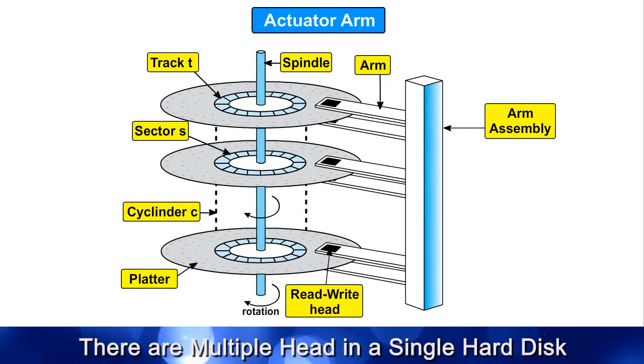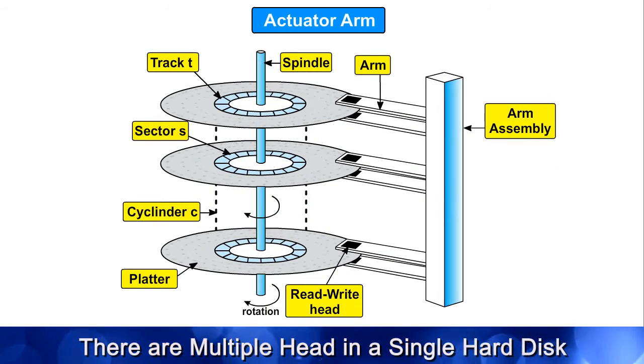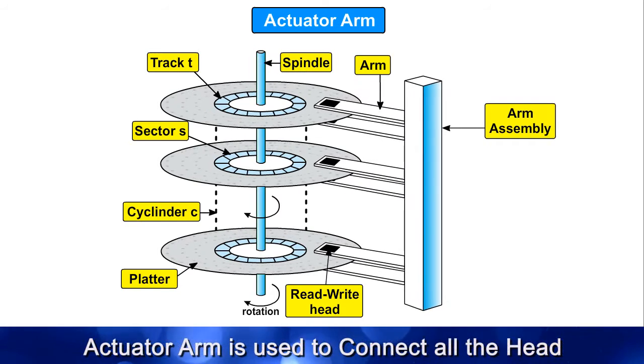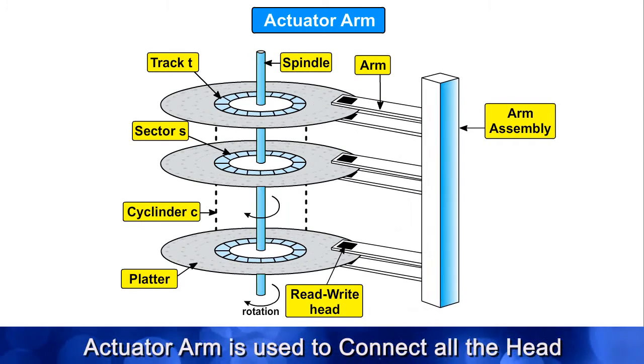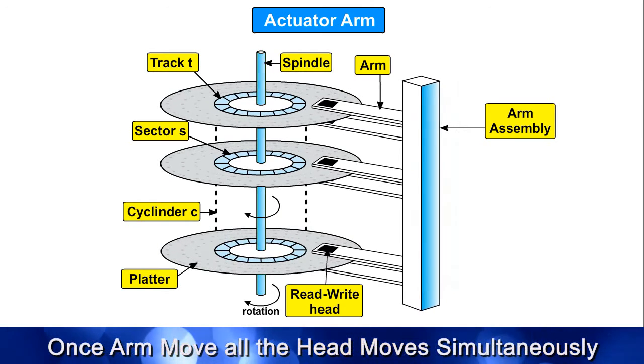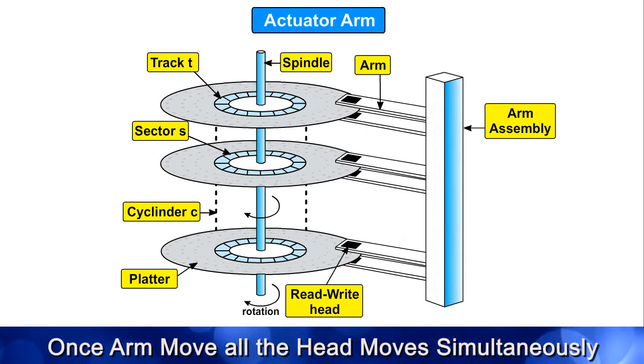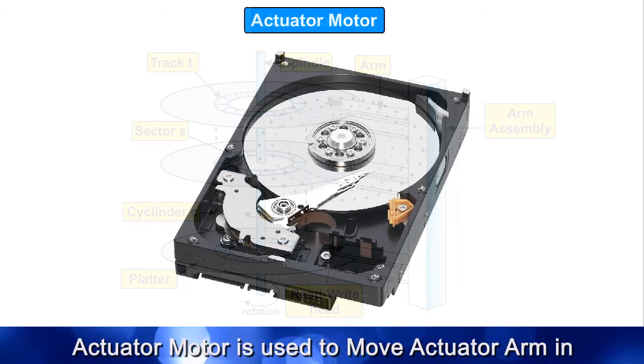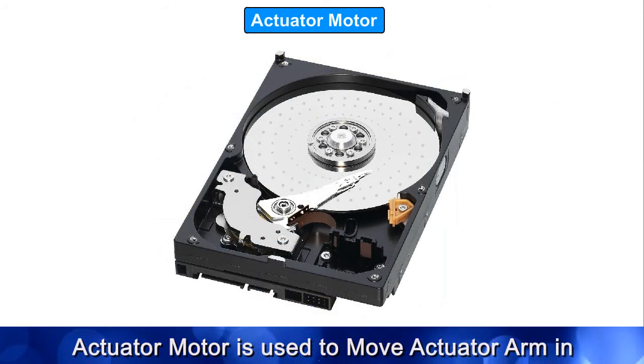Actuator arm. There are multiple heads in a single hard disk. Actuator arm is used to connect all the heads so that once the arm moves, all the heads move simultaneously. Actuator motor.